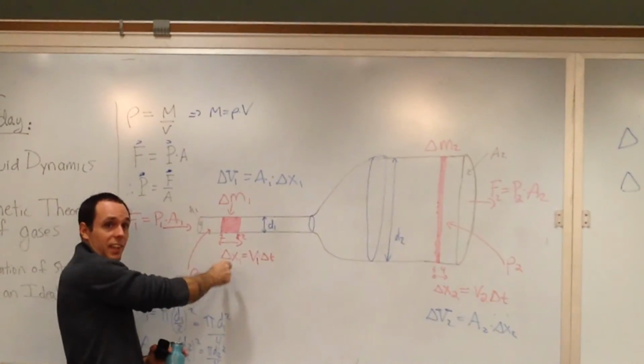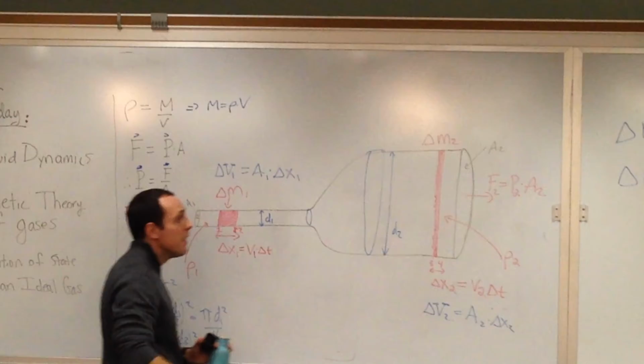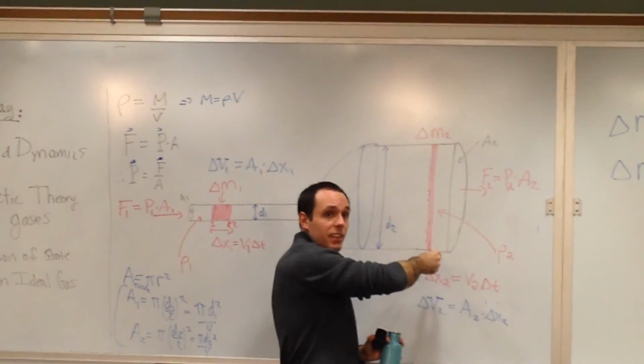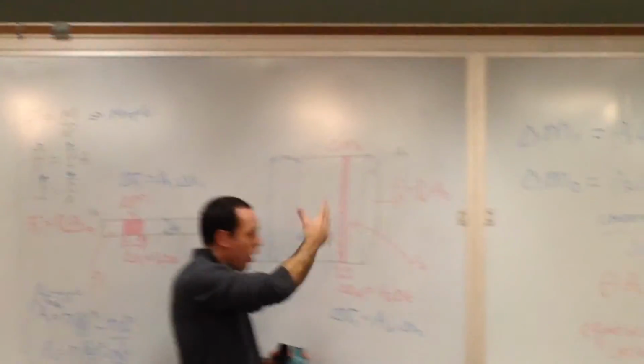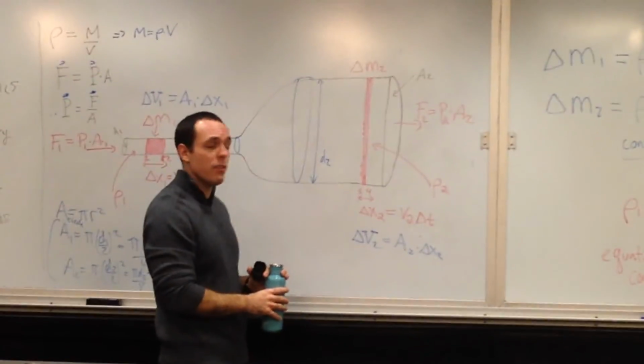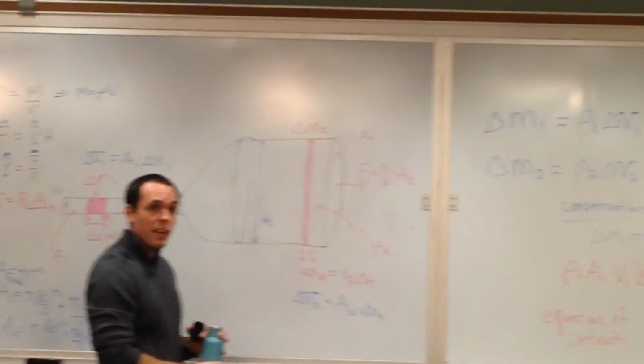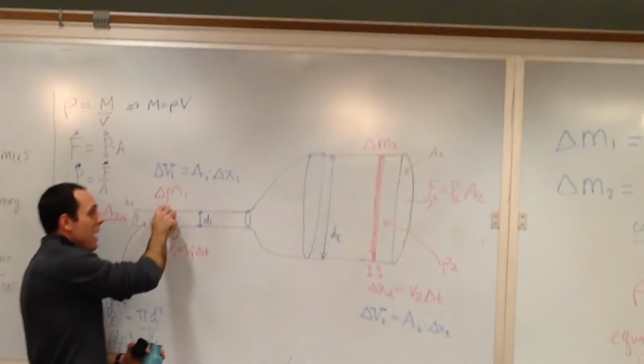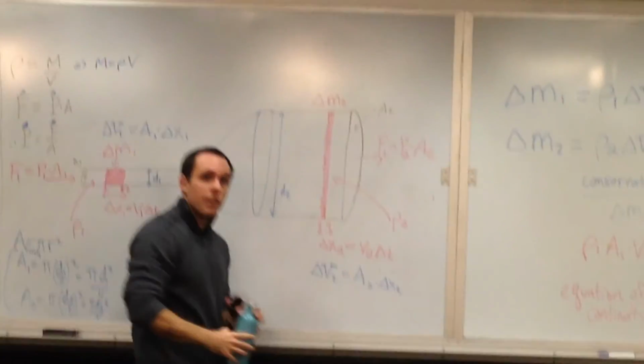Let me take this little section and examine this little mass right here. I want to take this little section of fluid, this arbitrary one, and at the end, the conservation of mass is what gives us this equation of continuity, just by saying this mass was equal to that mass. So I'm watching this mass as it's traversing these different tubes.